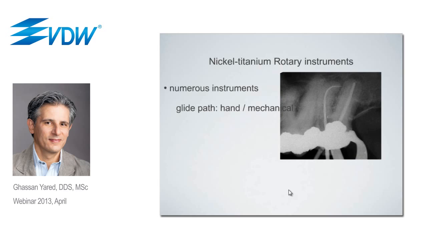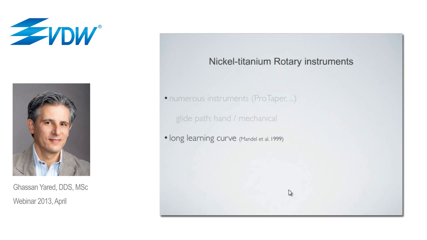Again, I just want to remind you here that there are some cases where we have to create a glide path, but the majority of the cases, even severely curved canals like this one, will not need a glide path. And this is what I will discuss later when I present some cases.